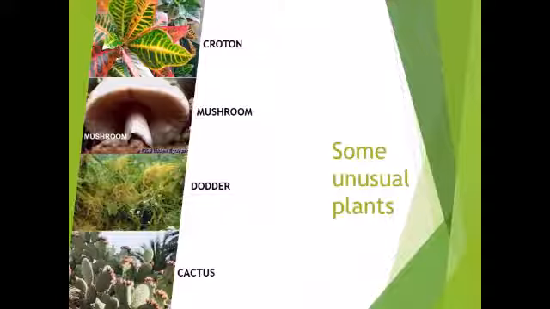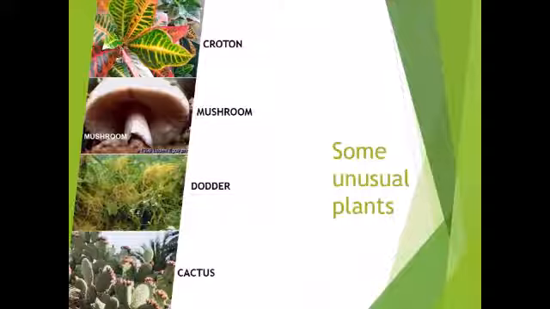This plant is not green in color, so it cannot make its own food, and it depends on other green plants for its food. They are found hanging on other green plants because they cannot make their food as they don't have green pigment or chlorophyll. So they derive their food from the host plant on which they hang.